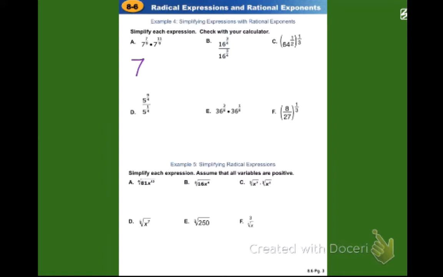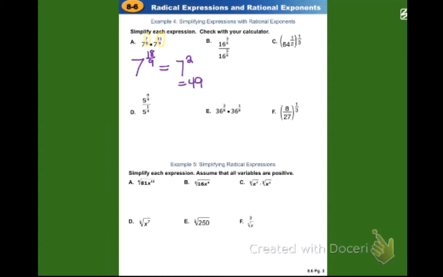So we're actually going to add 7/9 and 11/9. Well, if we add fractions, we need a common denominator, which they have, and then we add the numerators. So if we add the numerators 7 and 11, we get 18, and that's 18/9. Well, that's the same as just saying 7 squared, or 49.